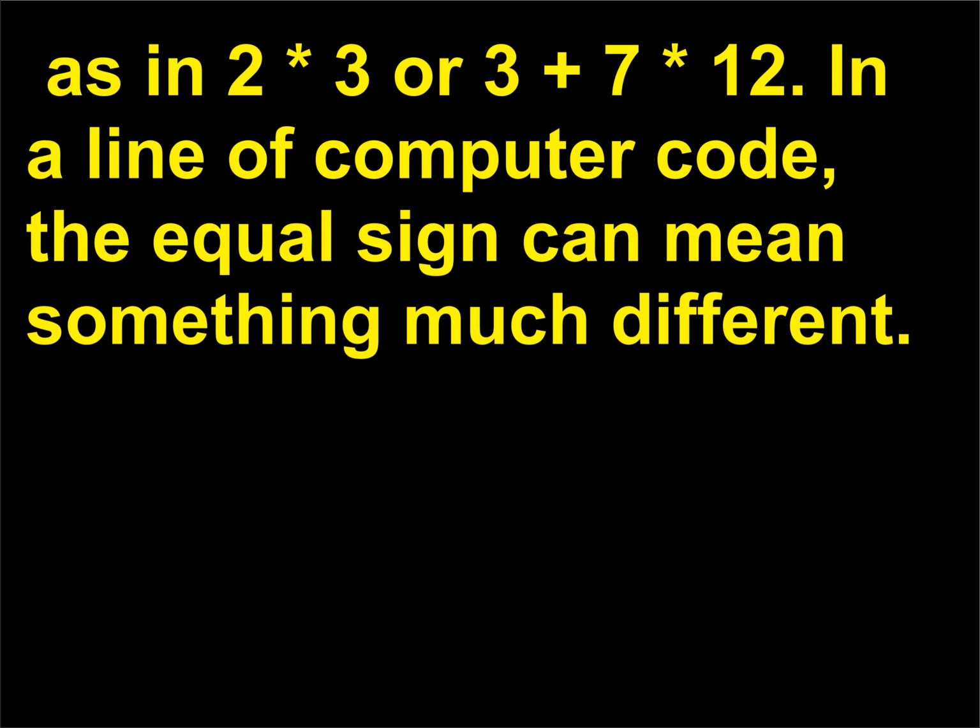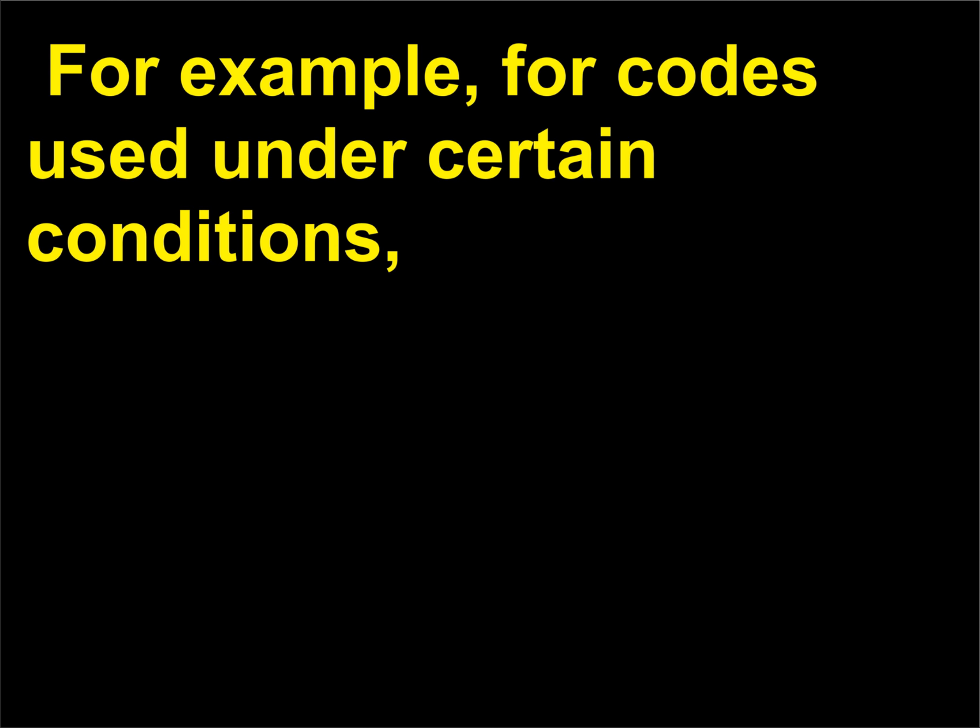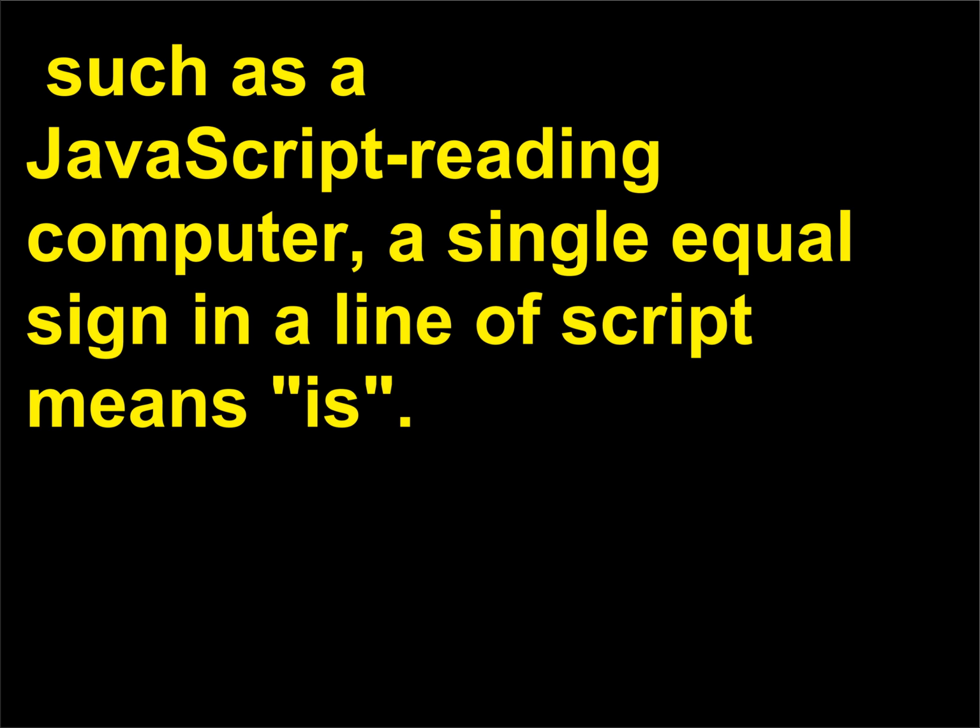In a line of computer code, the equal sign can mean something much different. For example, for codes used under certain conditions, such as a JavaScript reading computer, a single equal sign in a line of script means is.